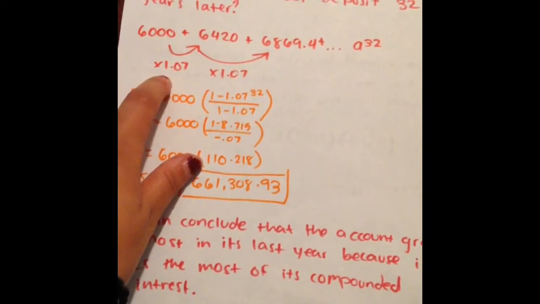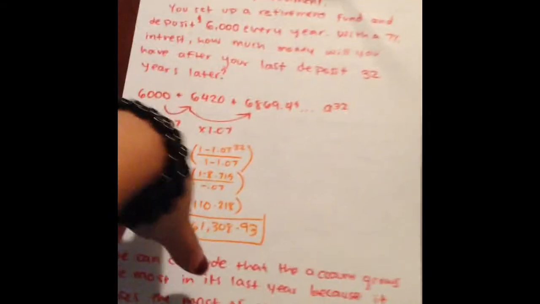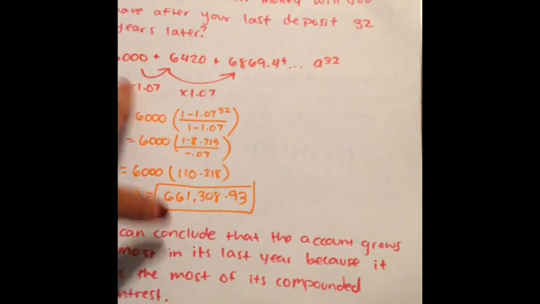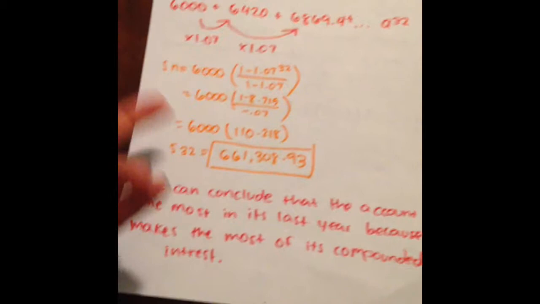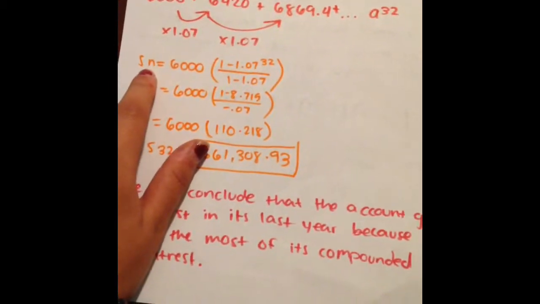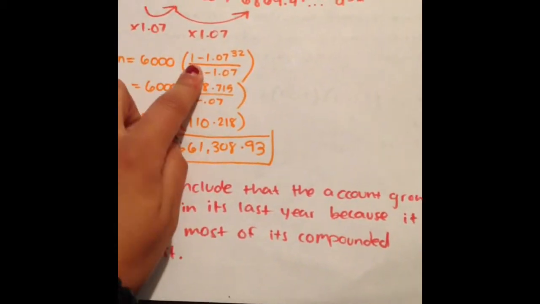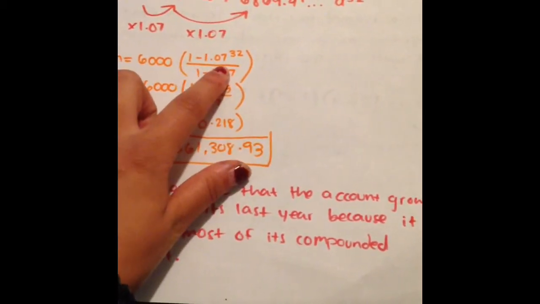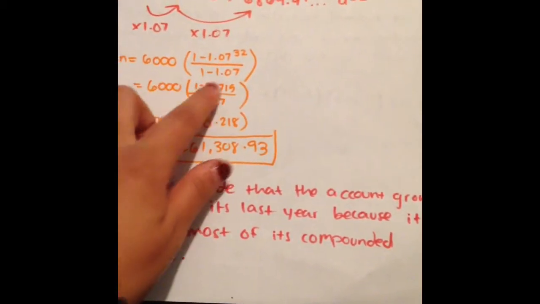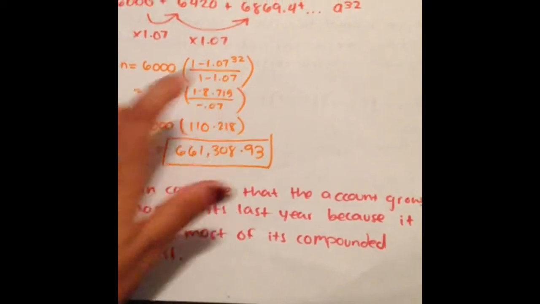So we see it's a geometric series of 1.07 each time, times 1.07. So we have Sn equals 6,000 times 1 minus 1.07 to the 32nd power, divided by 1 minus 1.07.